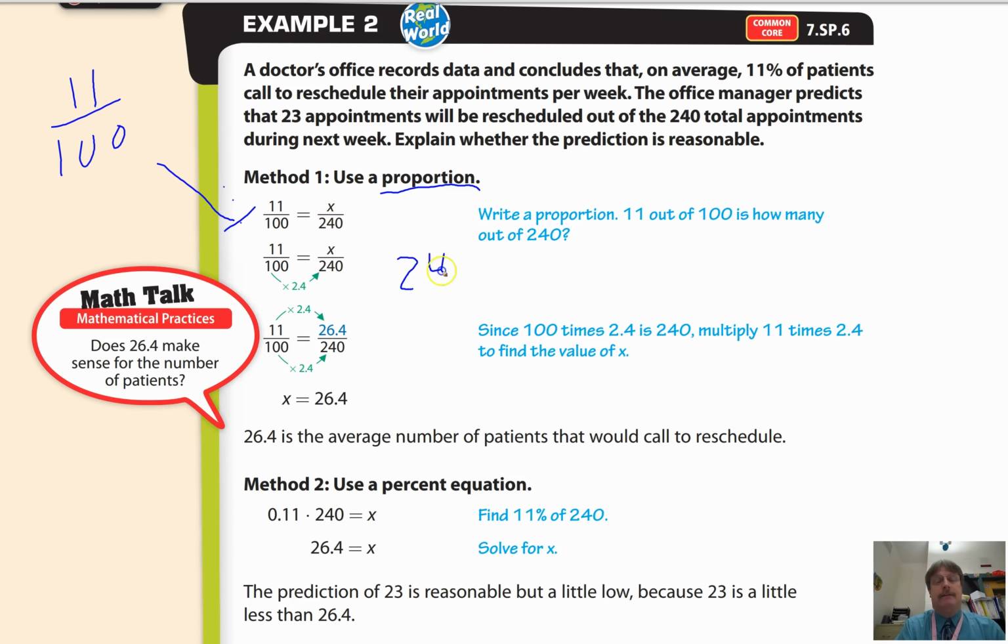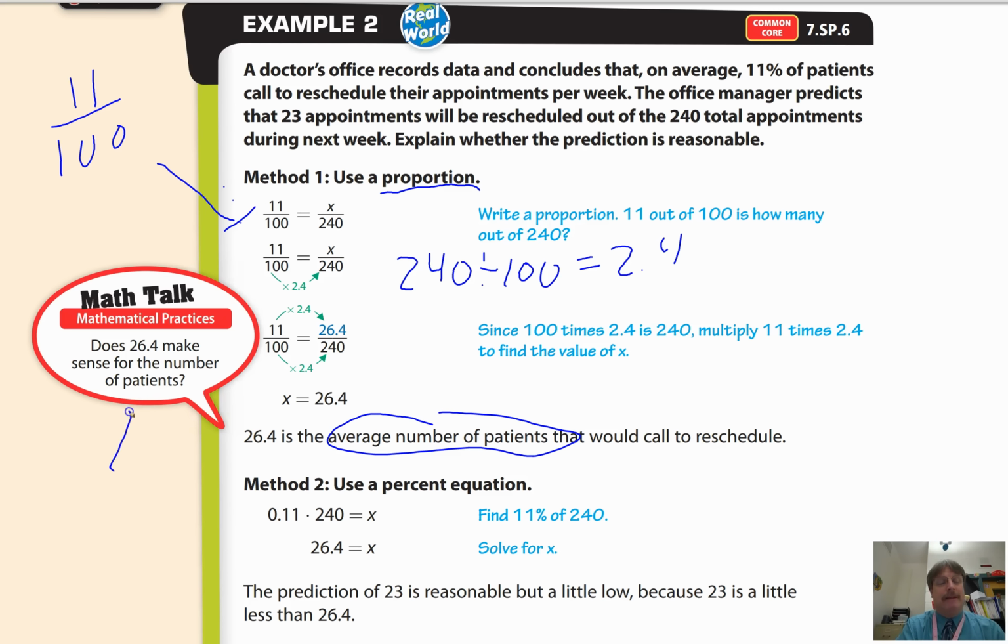So we're going to take the 240 divided by 100, and that's going to equal 2.4. So what we do on the bottom, because you multiplied 100 times 2.4 to get this, what we do on the bottom, we have to do on the top. So they take 11 times 2.4, and we get 26.4. So 26.4 is the average number of patients that would call to reschedule.